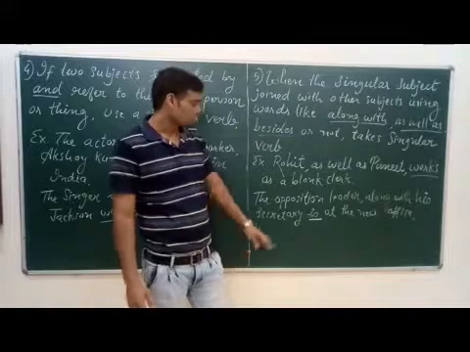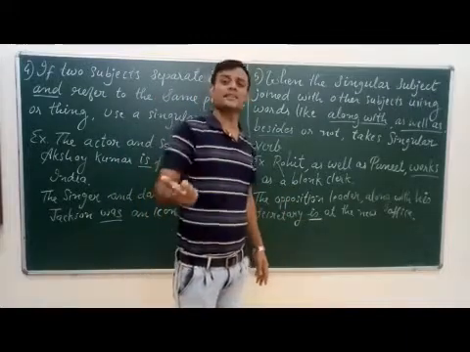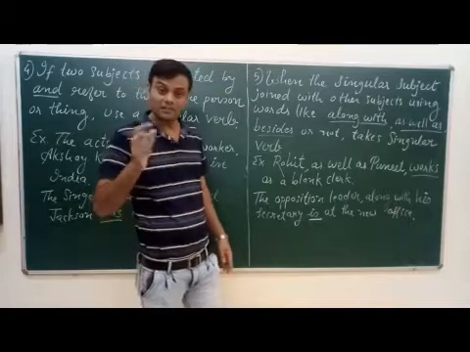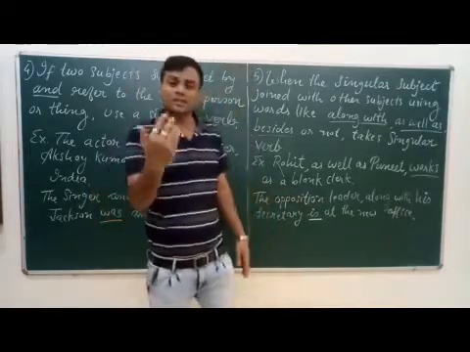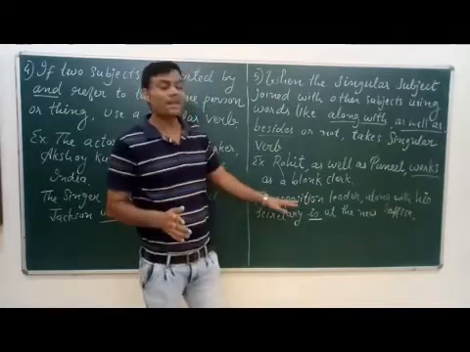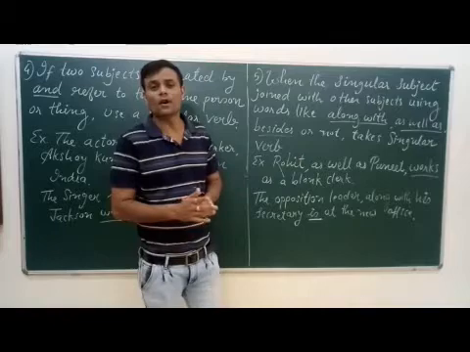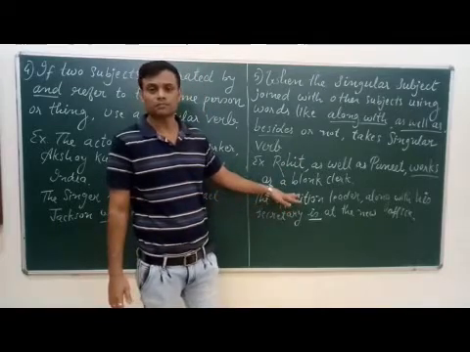Another example: the opposition leader along with his secretary. Now see, when we read or write this sentence, it seems plural, but we have to use the verb as per the first subject only.